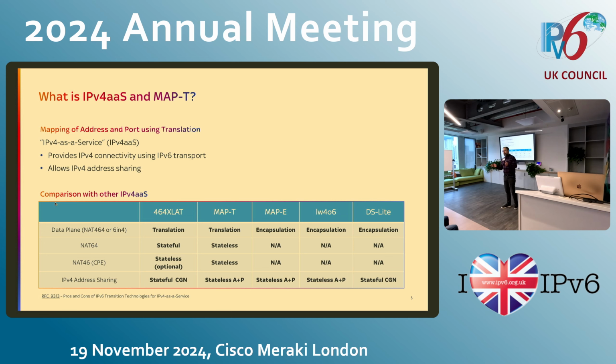They can be grouped by those that do translation and those that use encapsulation for the data plane, and then those that do translation can be distinguished by which ones are doing stateful translation or stateless NAT64, and then which ones are using more traditional stateful carrier grade NAT style of address sharing, or those that are using the new stateless address plus port algorithm-based address sharing. There is RFC 9313 to help you evaluate all the pros and cons to work out which one suits your use case best.